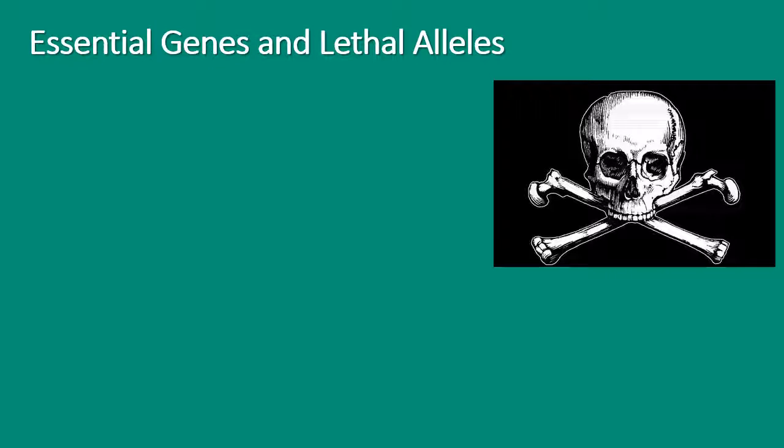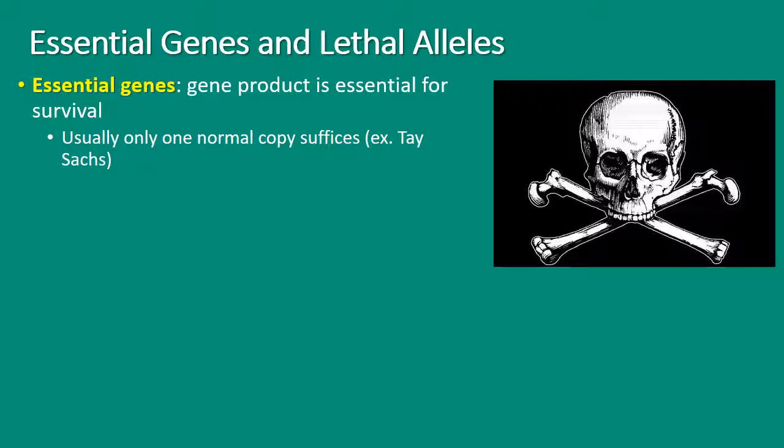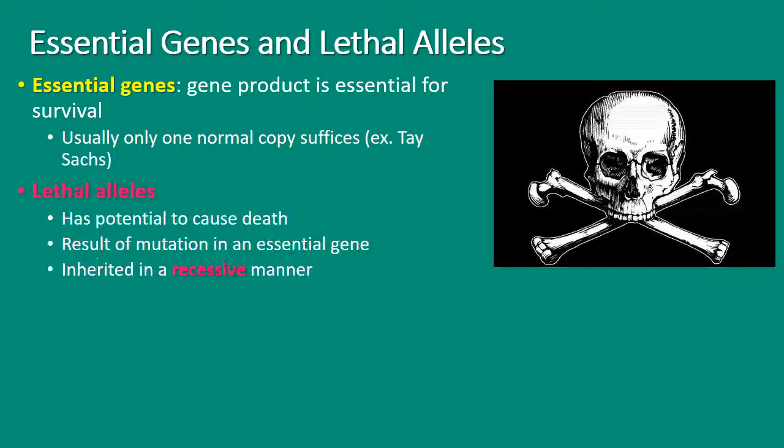All right, the last type of alleles that we're going to talk about are essential genes and lethal alleles. So essential genes are, as the name suggests, genes that are essential for survival. And as long as you have one copy, usually you're fine. An example is the HEXA gene that codes for the Hex A enzyme that people with Tay-Sachs are missing.